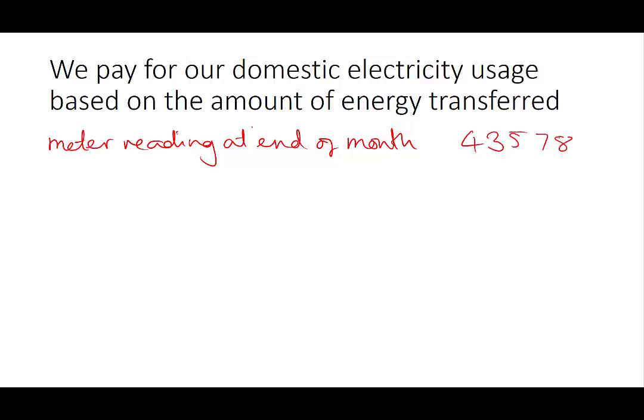So for example, my meter reading could be 43,578 at the end of the month. At the beginning of the month, it would have been a lower number, so we'll give an example number here of 43,495.